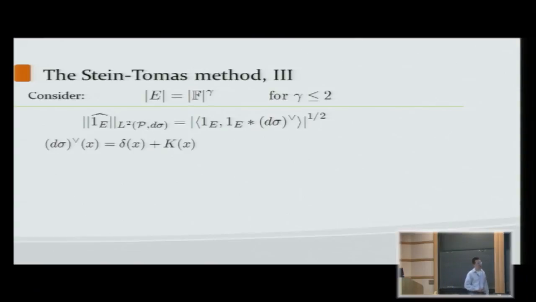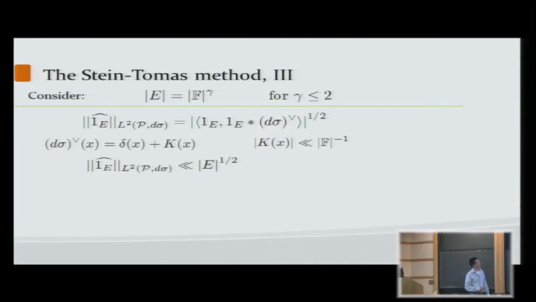Now remember that the Fourier transform of the characteristic function of the paraboloid is equal to the Dirac delta function, because it's 1 at 0. But when x is not 0, then I actually have some decay here. I know that it's upper bounded pointwise by 1 over the field size.